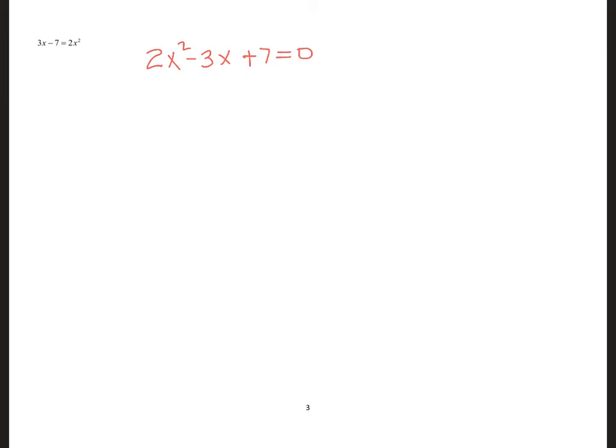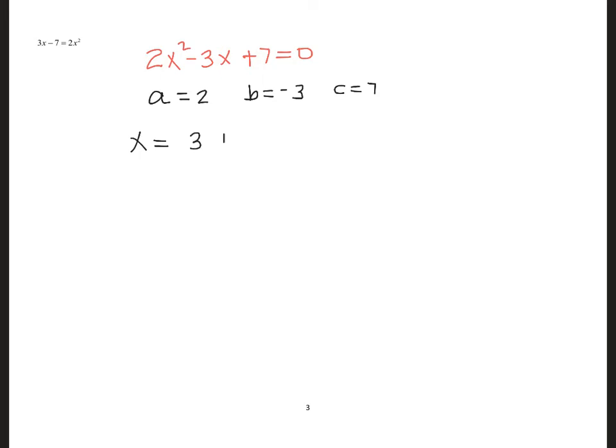So a is equal to 2, b is equal to negative 3, c is equal to 7, so x is equal to minus negative b.